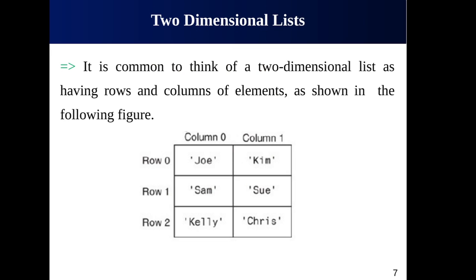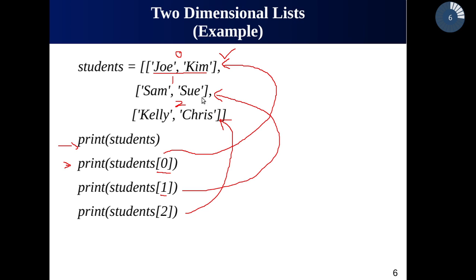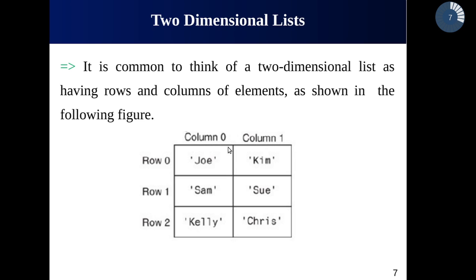To think about a two-dimensional list, you may consider it like a table having rows and columns. The above example can be represented in a two-dimensional list in this way. Each row index starts from 0, while each column index also starts from 0.